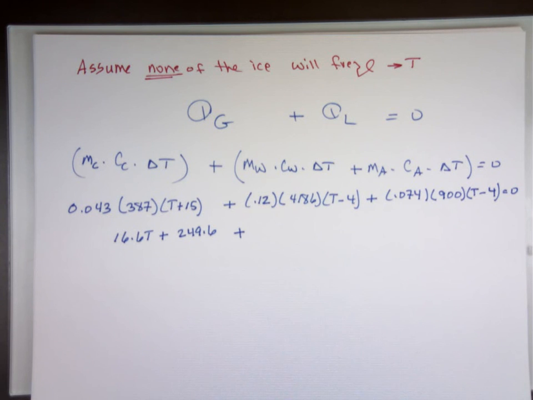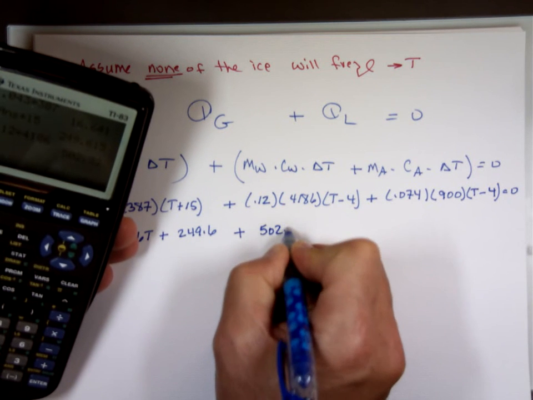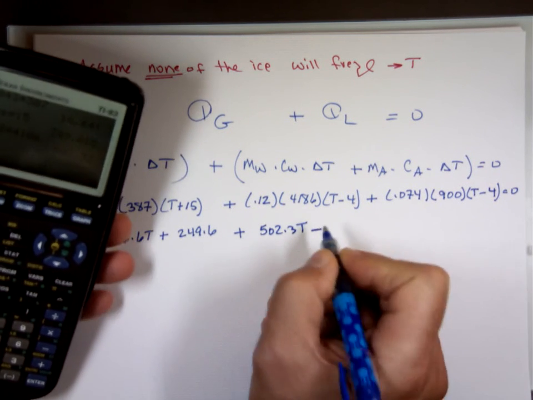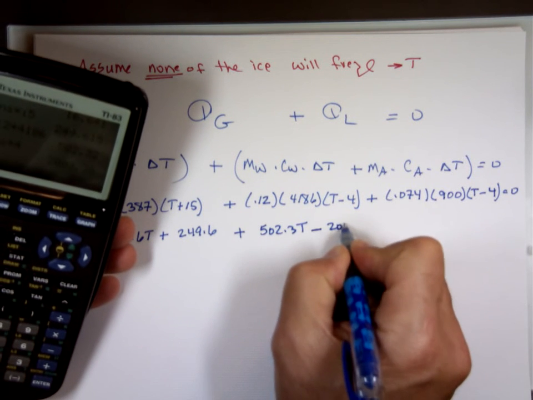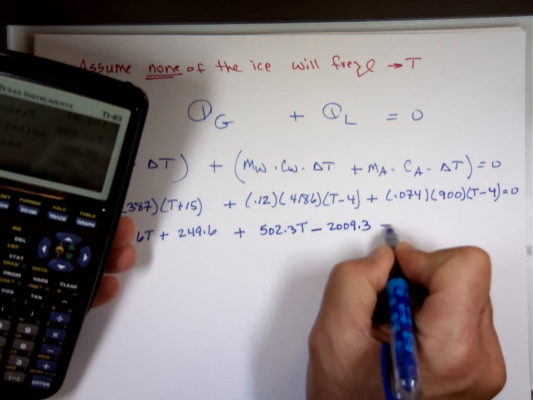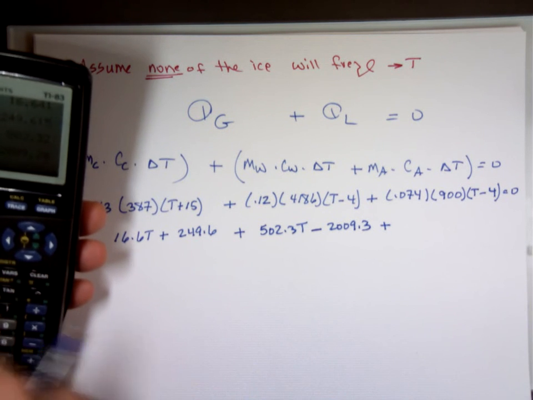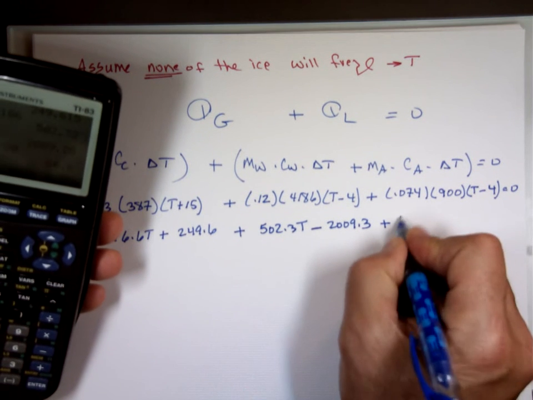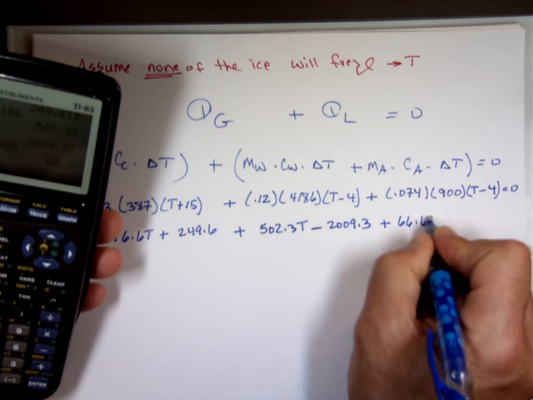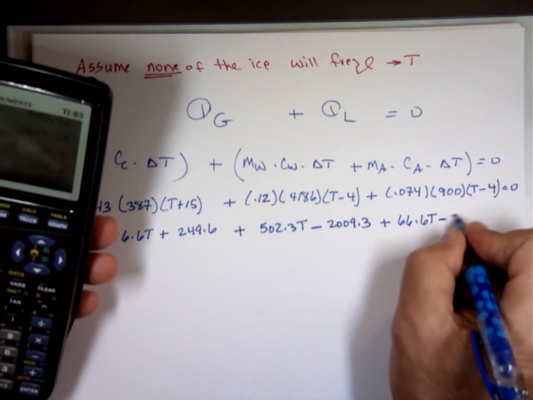I got 502.3 T minus 2009.3. 0.074 times 900, 66.6 T minus 266.4 equals 0.